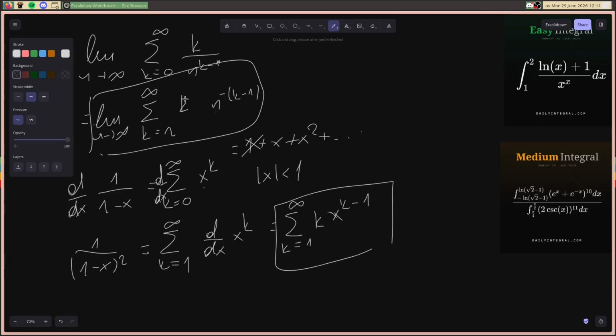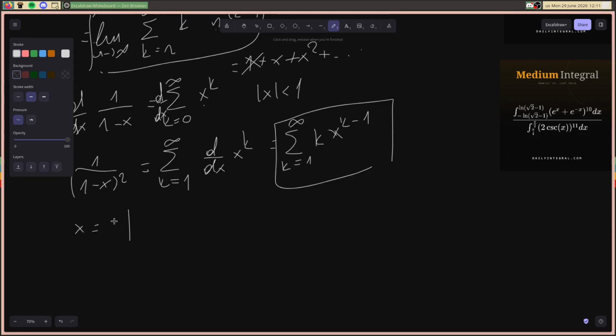Specifically, this is this series for x equals 1 over n.